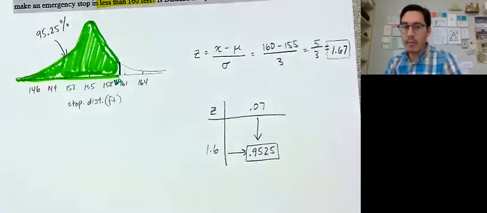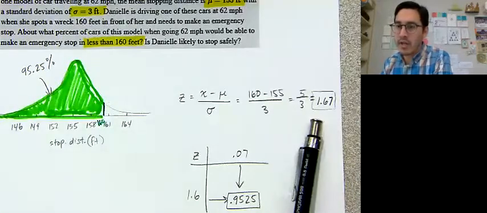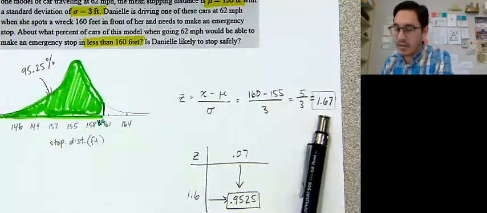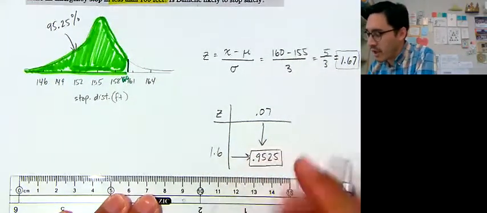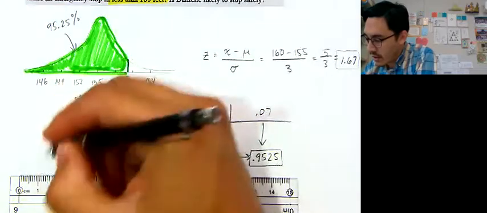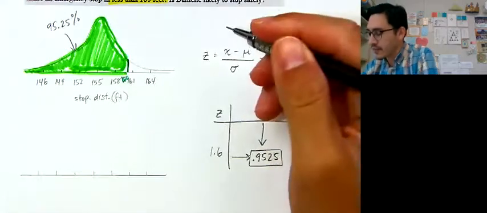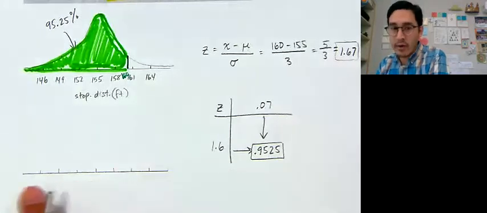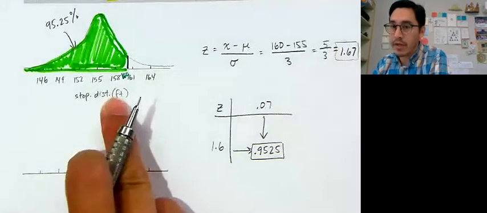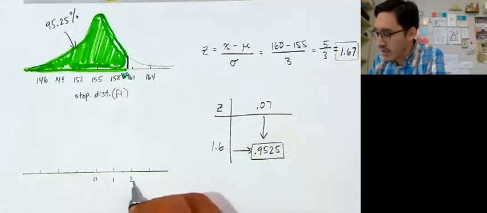So what confused me was I was looking at the normal distribution with the original units, but what I wanted to do was think about a normal distribution with standardized units. So we can draw that as well. You don't have to do this for every problem, but this is what I should have been thinking about. Once we standardize, we're going to have a normal distribution that's no longer measured in feet, but is measured in standard units. So the mean would be 0, and the standard deviation would be 1.